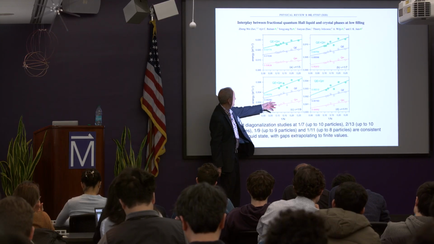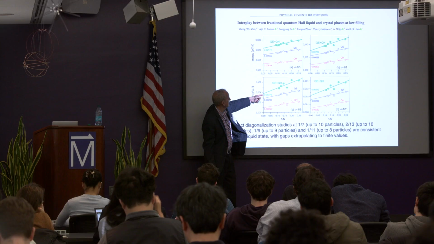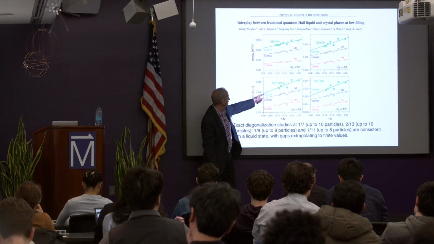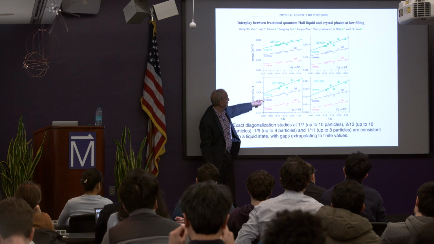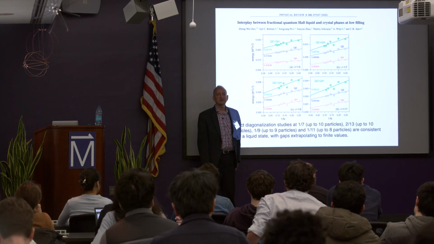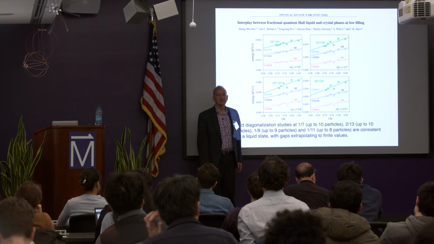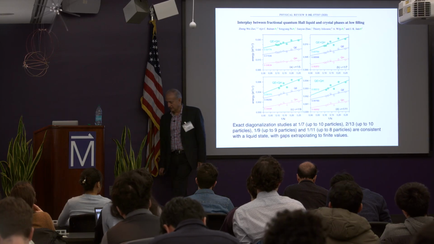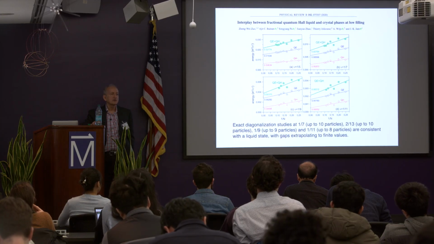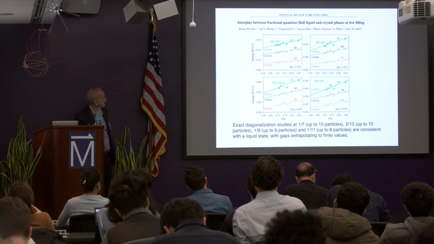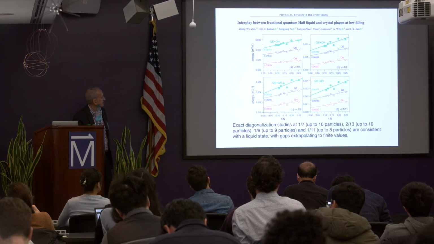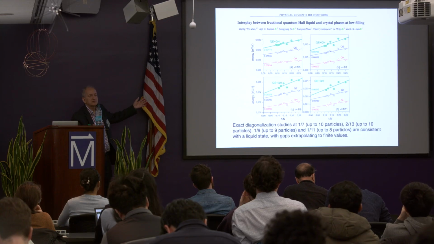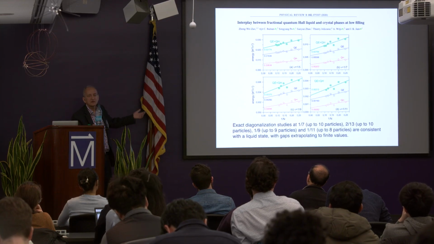One can calculate the gaps. So this is the gap to creating a quasi-particle and a quasi-hole. It seems to converge to a finite value, to the extent one can surmise from these studies, in the thermodynamic limit. So I think it's very possible that precisely at these fractions, 1/9, 2/17, or whatever, it's actually a fractional Hall state.